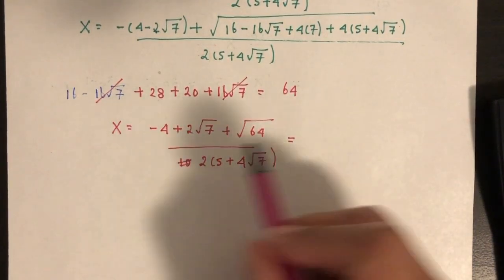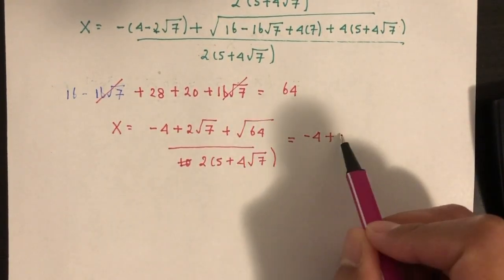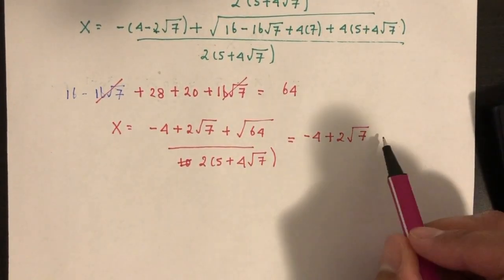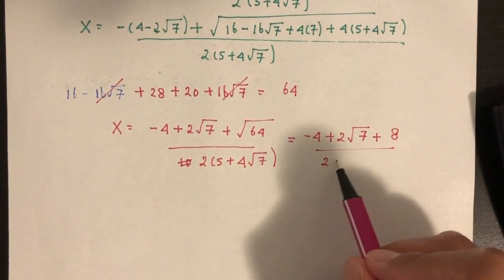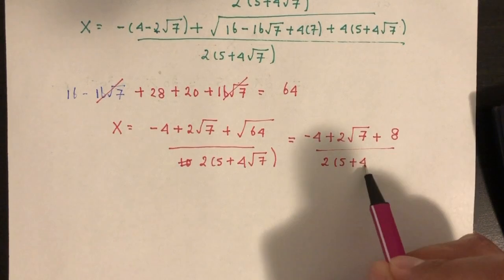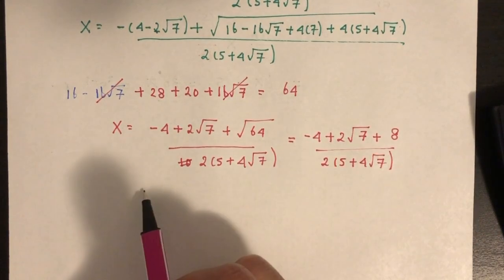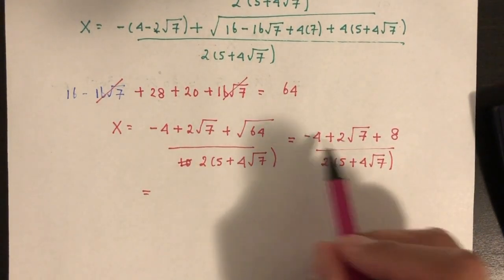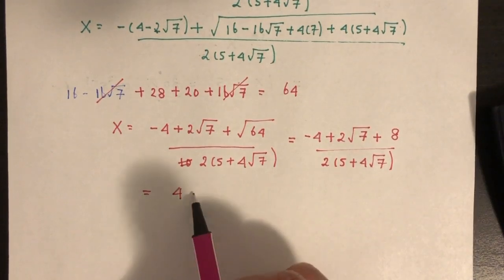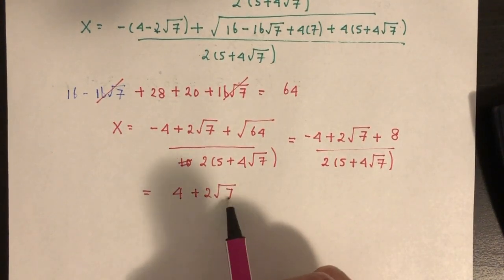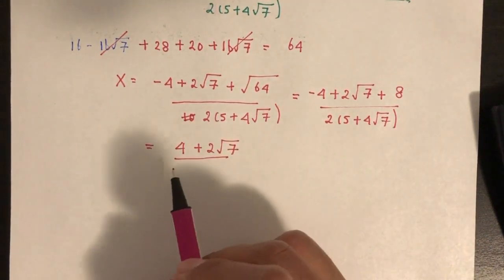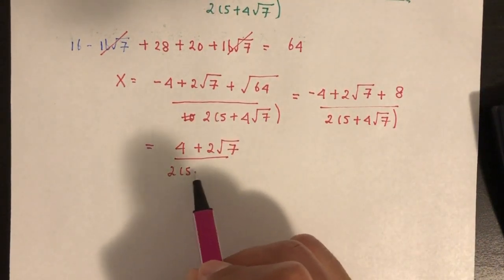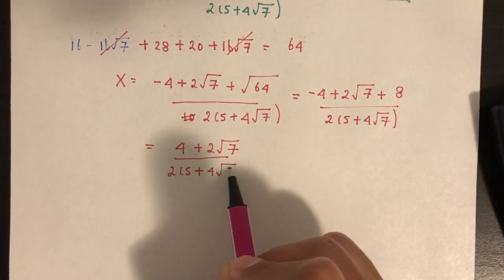That will give us minus 4 plus 2 root 7 plus this will be 8 over 2, 5, 4 root 7. Now simplify again. Minus 4 plus 8, that will be 4 plus 2 root 7 divided by 2, 5 plus 4 root 7.